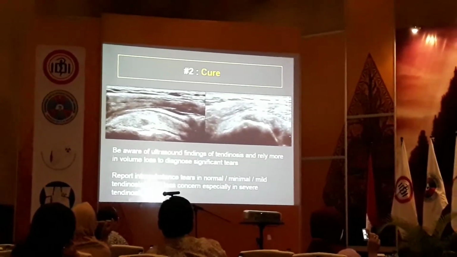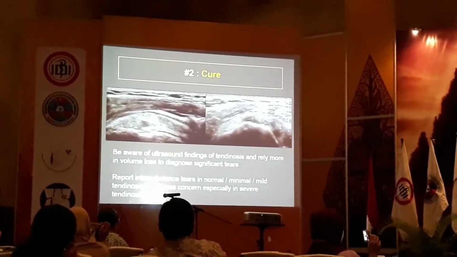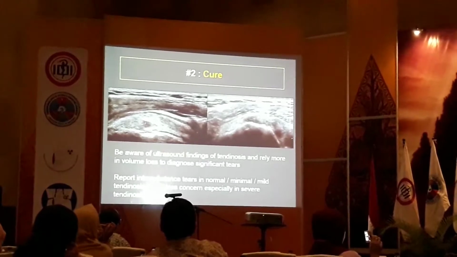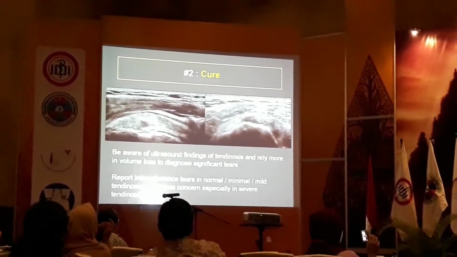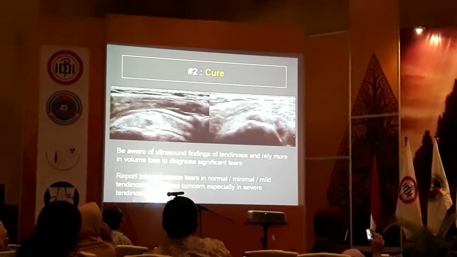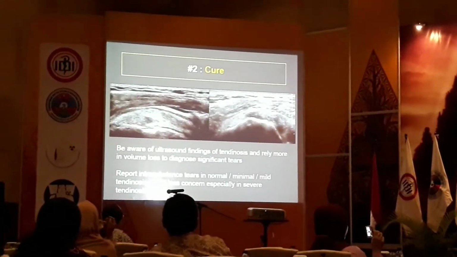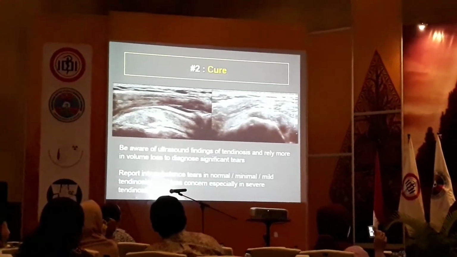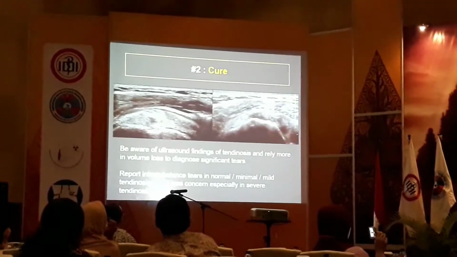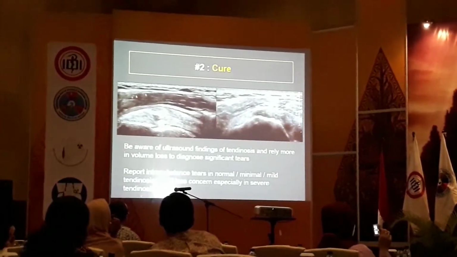In these patients, if you see areas of hypoechogenicity, then yes, you can report small intrasubstance tears. But as I mentioned, in the patients with moderate to severe tendinosis, I tend not to report these small intrasubstance tears. But in people with more normal tendons, you can see the intrasubstance tears much more clearly.